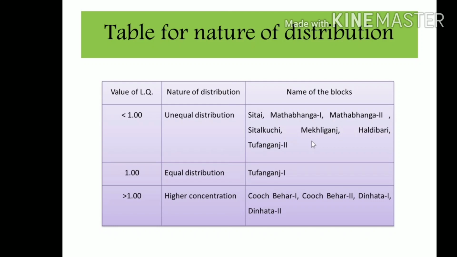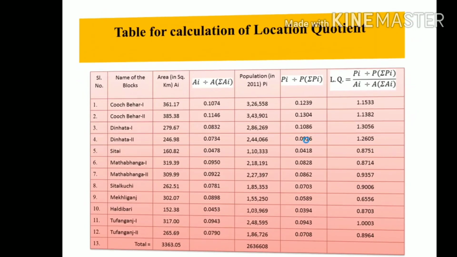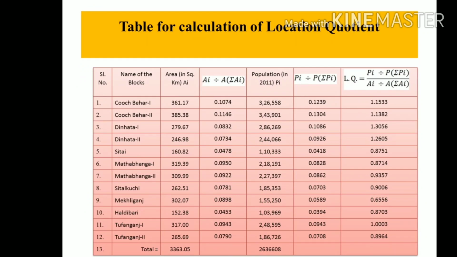Lastly, you have to interpret the result. In that way, the population density of the different blocks of Cooch Behar district is shown with the help of location quotient. The value of LQ is highest in Dinhata 1 block, that is 1.3056, and lowest in Mekhliganj block, that is 0.6556.